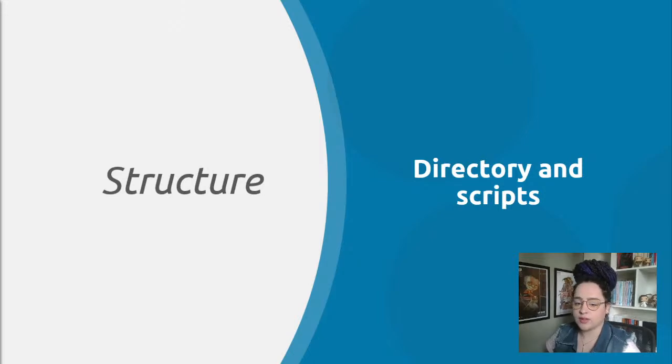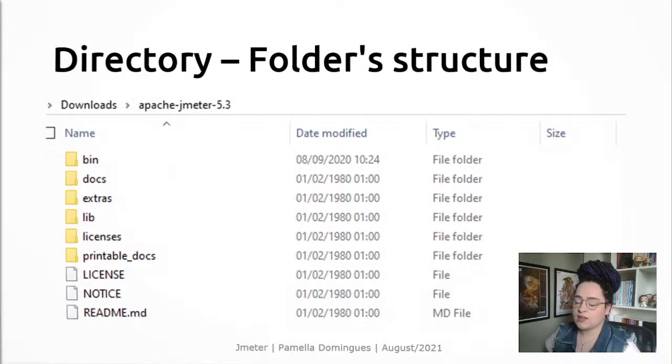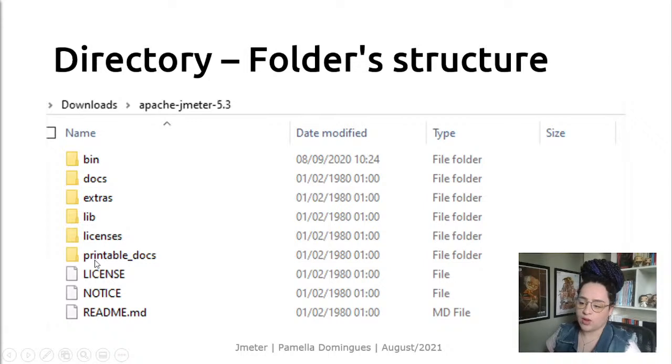Okay, so, talking about directory and scripts. Basically, this is the main folder. To start JMeter, we have a lot of folders here, but I will not talk in detail about all these folders today. The most important folder is the bin, the binary folder.